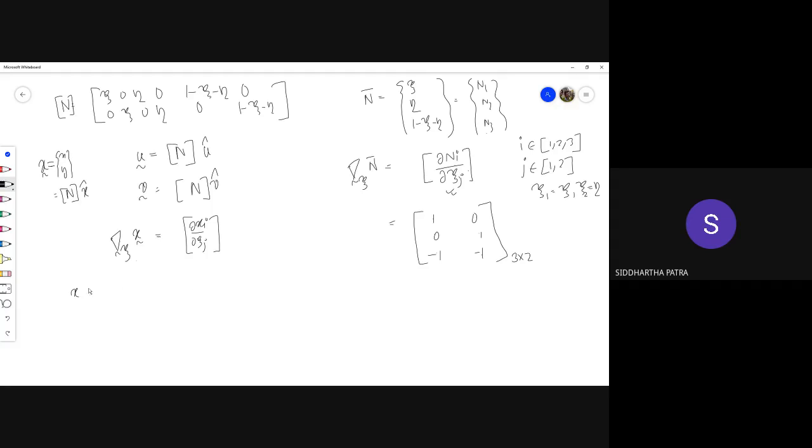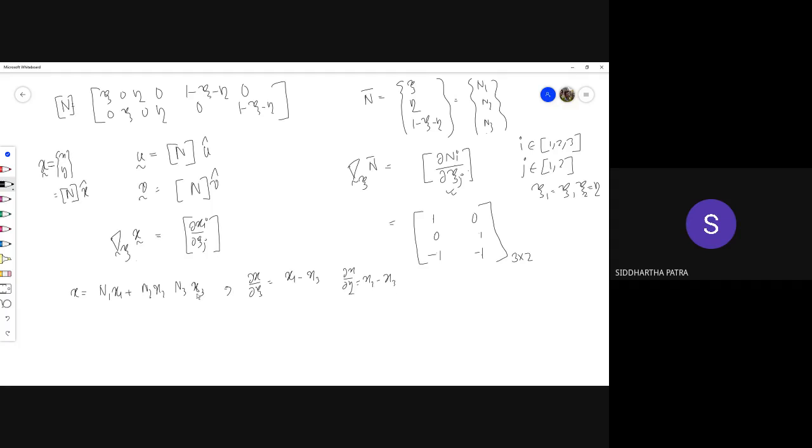Now obviously you can write down that x is basically N1 x1 plus N2 x2 plus N3 x3. And if you take del x del xi, that would be x1 minus x3. Del x del eta should be x2 minus x3. You can check, you can do that.